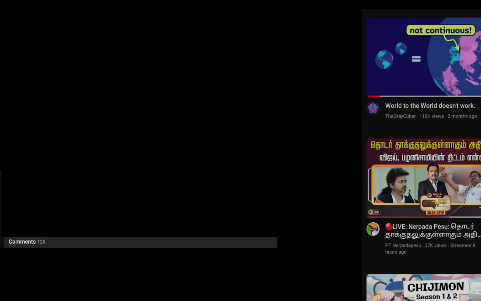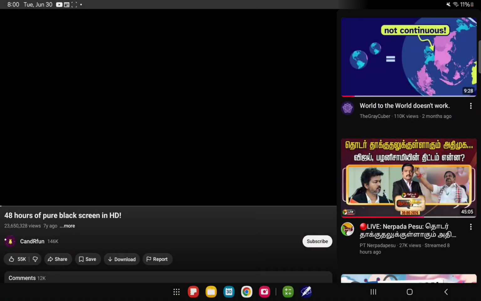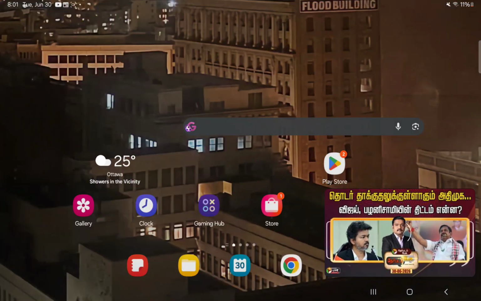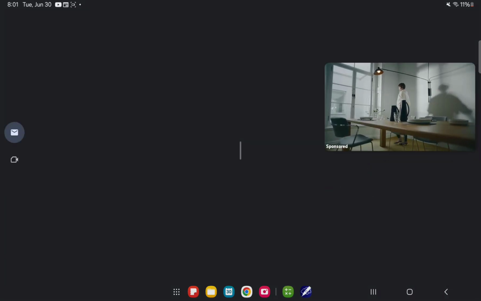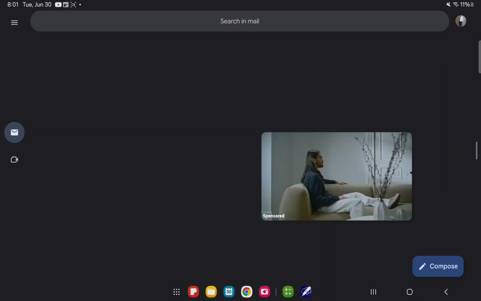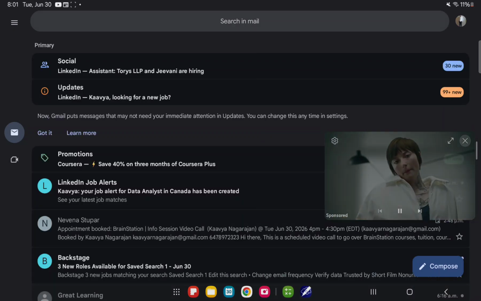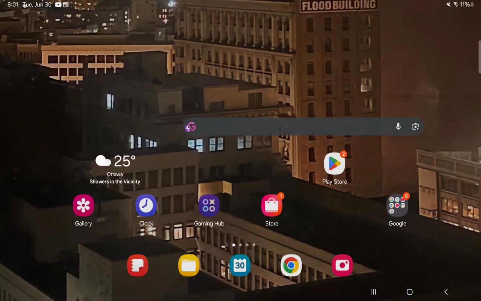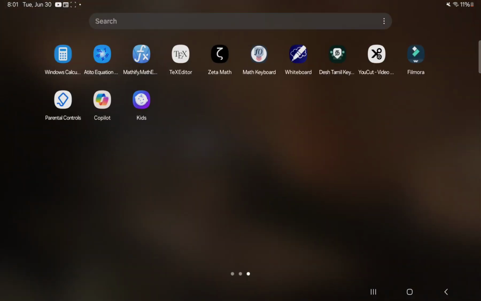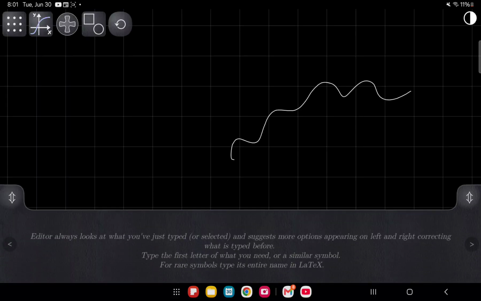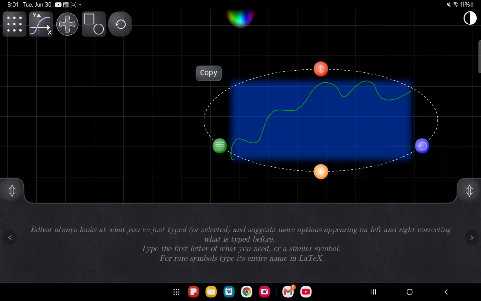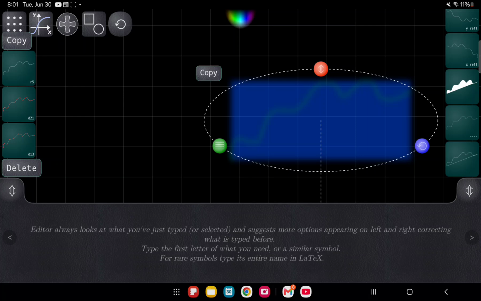Oh! No. And let's go to the app to see what that is. I should not play that video. Compose. Let's go to this equation editor, whatever.